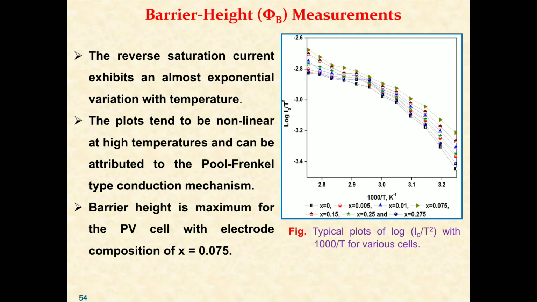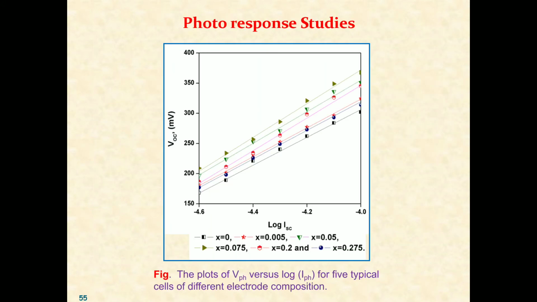Again, there are the photoresponse studies under illumination of 5 to 50 milliwatt per centimeter square. A plot of VOC versus ln IPH should therefore yield a straight line, the slope of which gives the junction ideality factor in light.